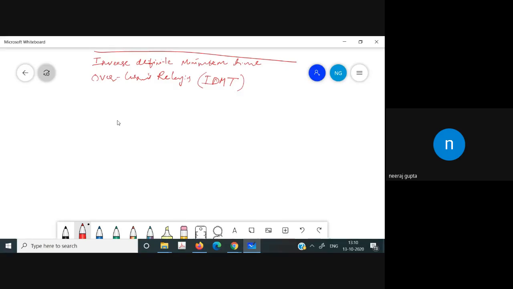This means, as the name suggests, inverse definite minimum time. In this type of relay, it is inverse in the initial part and becomes definite minimum.